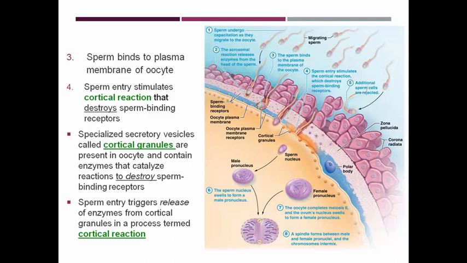They allow the oocyte to start to release enzymes that will catalyze this whole cascade of reactions that destroy all of those sperm binding receptors in the membrane. So now the sperm entry will trigger release of these enzymes from the cortical granules, and this whole process is known as the cortical reaction.